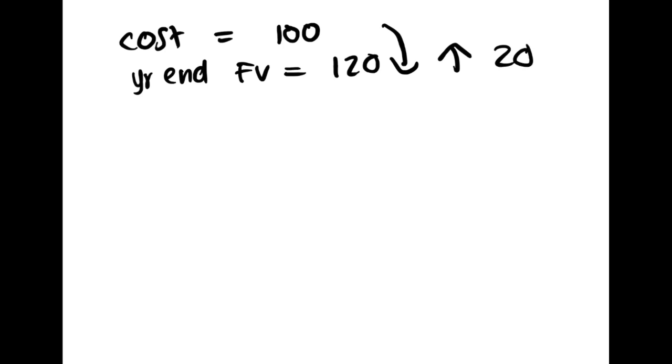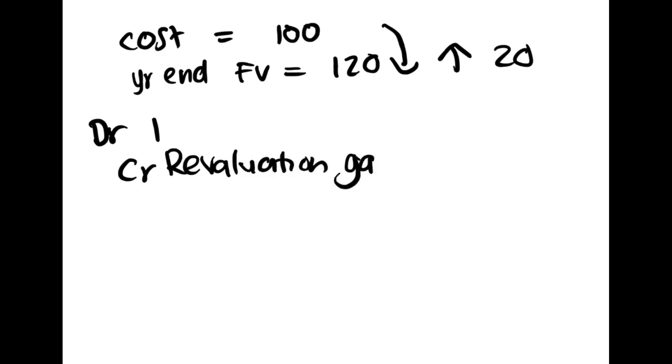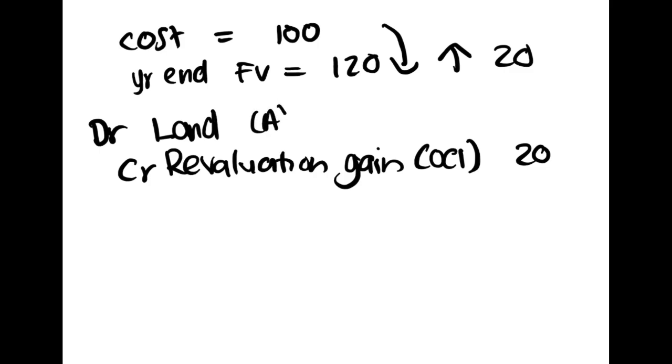So in this case, that would give rise to a revaluation gain. So we would then say credit the revaluation gain in other comprehensive income of 20, and we are going to debit the land with 20.